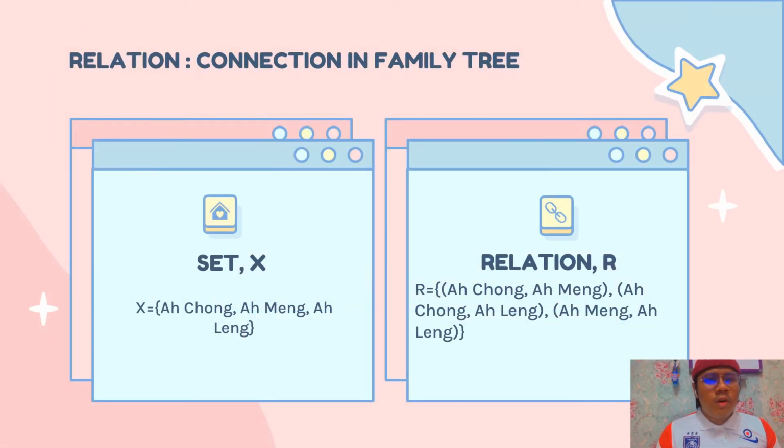Next, the second relation example that I can give is connections in a family tree. Using set X, there are Ah Chong, Ah Meng, and Ah Leng, and their relation is Ah Chong is related to Ah Meng, and Ah Chong is related to Ah Leng, and Ah Meng is related to Ah Leng.